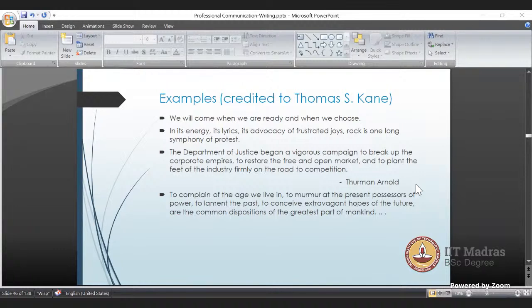Now, I know you understand this, but to make it clearer, if I rewrite the sentence as: the Department of Justice began a vigorous campaign to break up the corporate empires, to restore the free and open market, and planting the feet of the industry firmly on the road to freedom. So I changed the last part from the to-infinitive to the ing form, the participle form, planting.